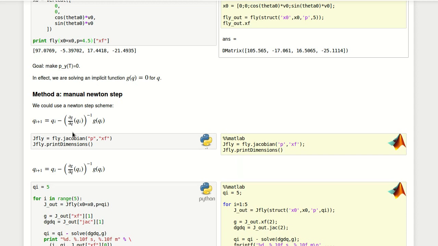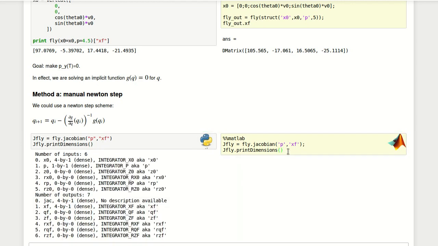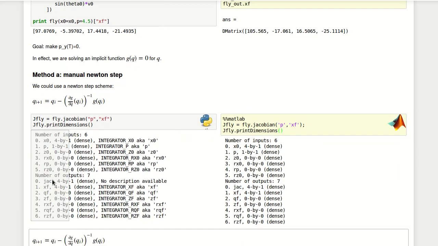In this case, we can play with the integration time, which was a parameter, and we're interested in the end state. So we take the Jacobian of the end state with respect to time, basically. If you take the Jacobian of a function, you get a new function with one extra output. The one extra output is the Jacobian, and the remainder is just a copy of the previous outputs, such that you have both at the same time.